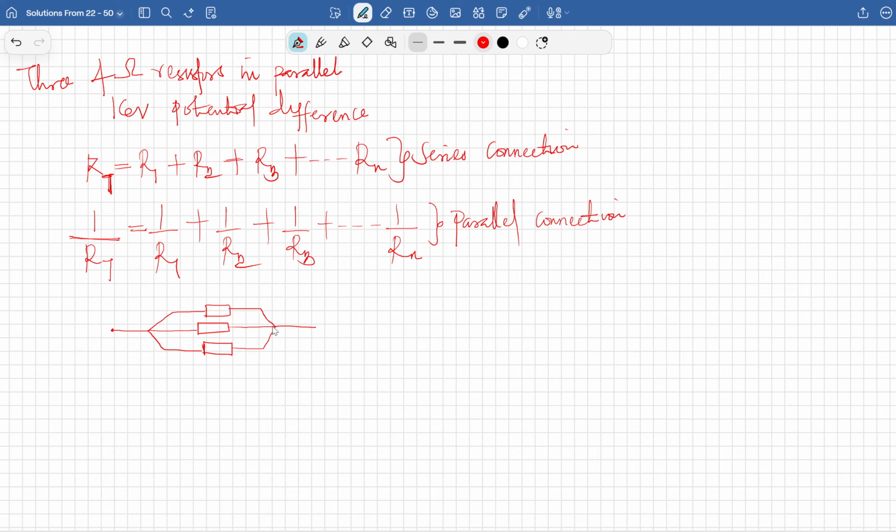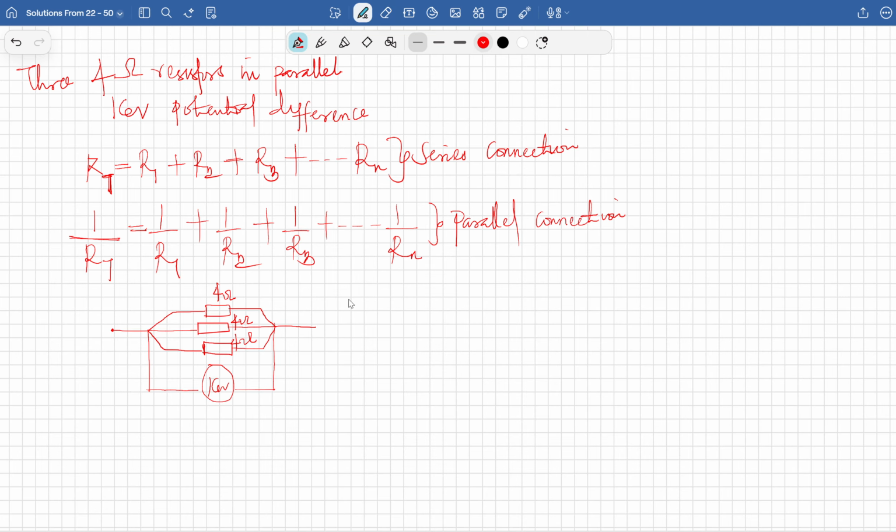Each is 4 ohms, 4 ohms, 4 ohms, and the voltage applied across them is 16 volts.